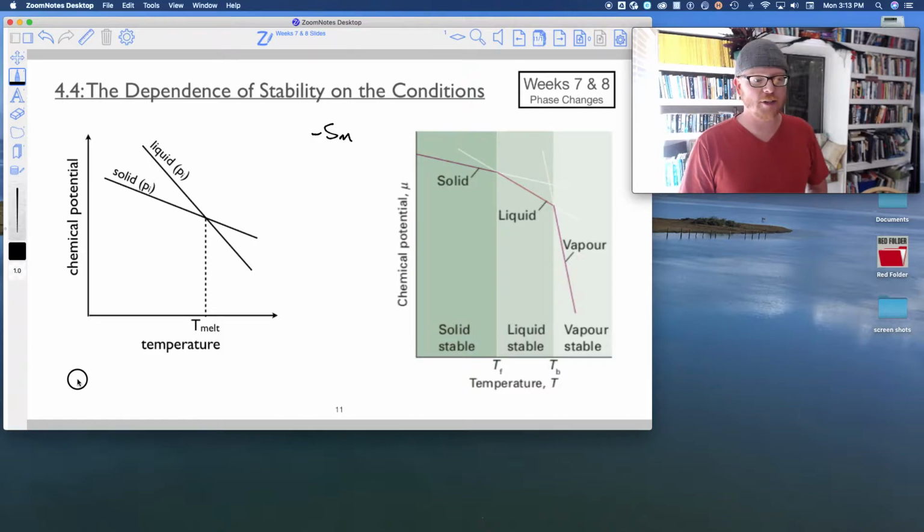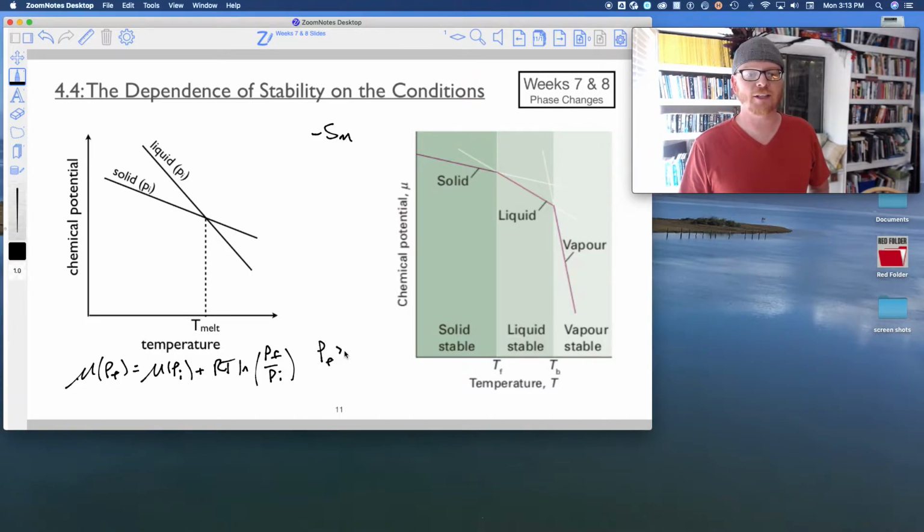So I derived an equation on the first lecture that was chemical potential as a function of pressure. So chemical potential at P final equals chemical potential at P initial plus RT natural log of P final over P initial.